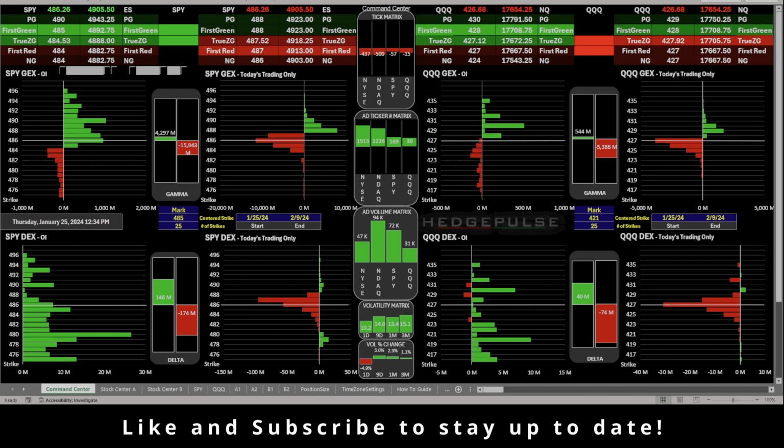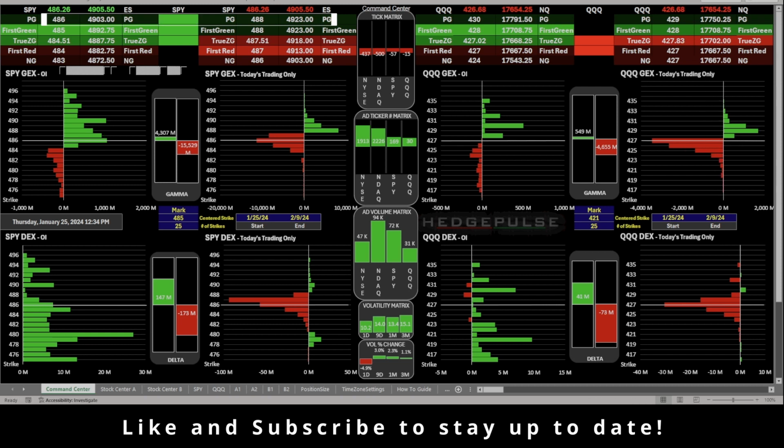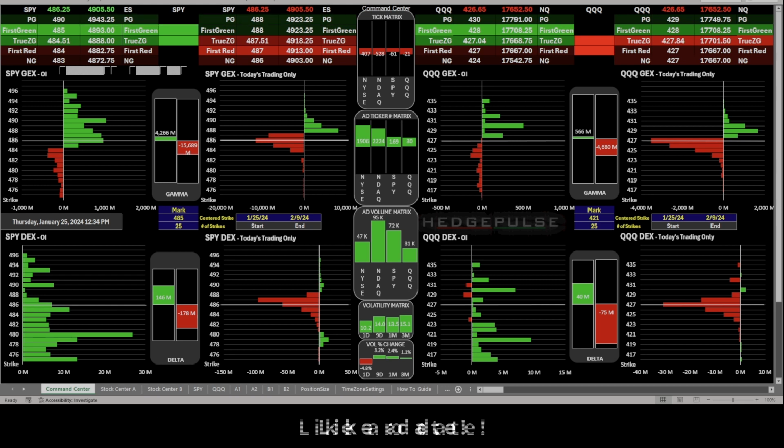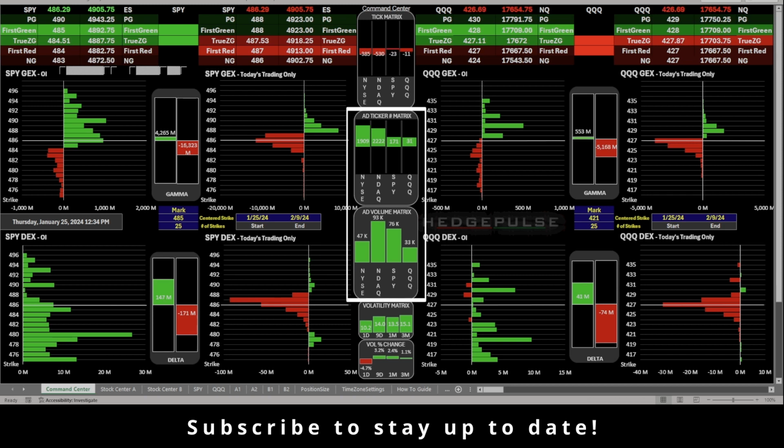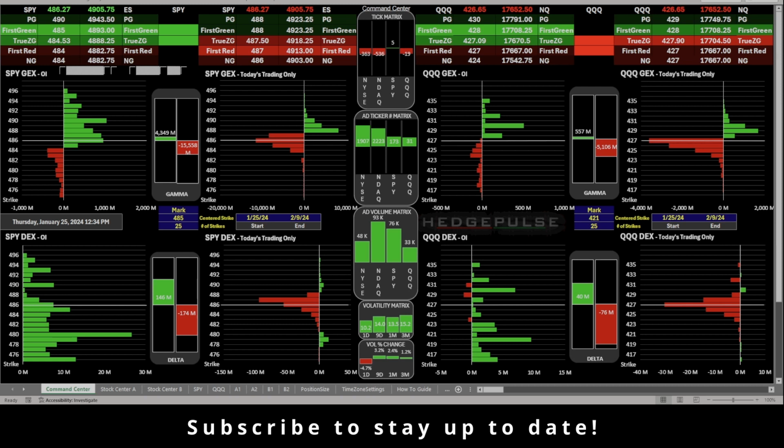So SPY today, we're going to want to keep an eye on this 490 and 488. As long as it stays above 484.50 area, 484.48, there's a good likelihood it will go to PG, especially with all of the green across the board. Now, 490 is a bit of a move with QQQ below ZG, so I don't know that I would necessarily expect SPY to go all the way to the 490.